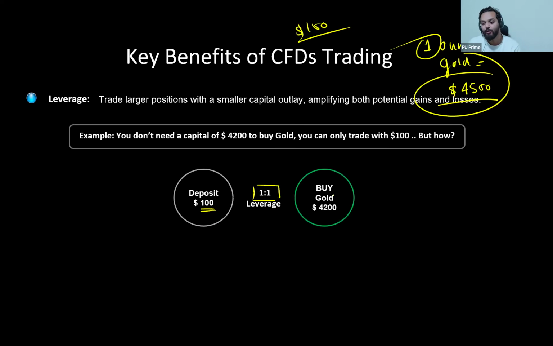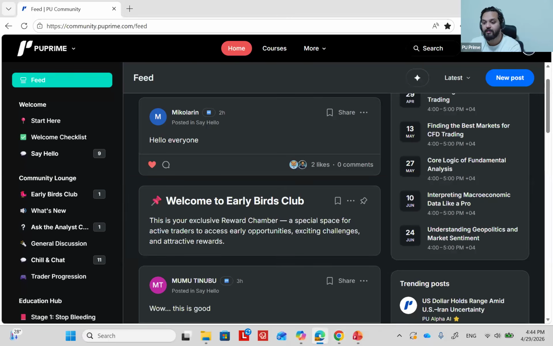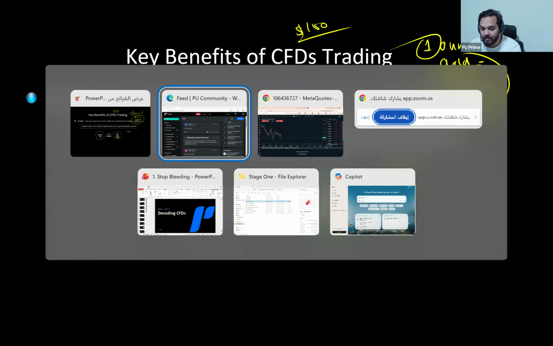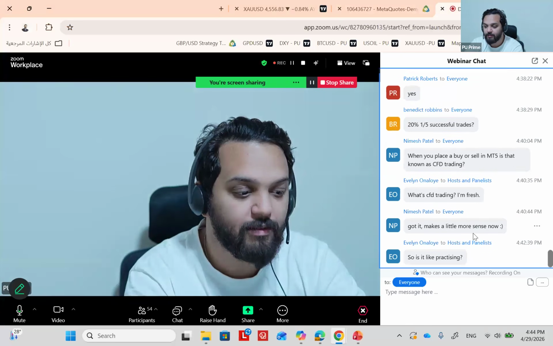Now, if you want to buy gold at the current price, just 1 ounce, which is 0.01, at 4,200, are you able to buy something worth 4,200 with $100? Can you guys do that?